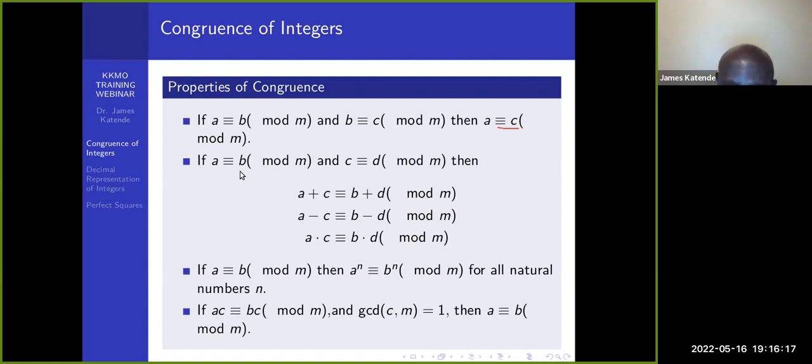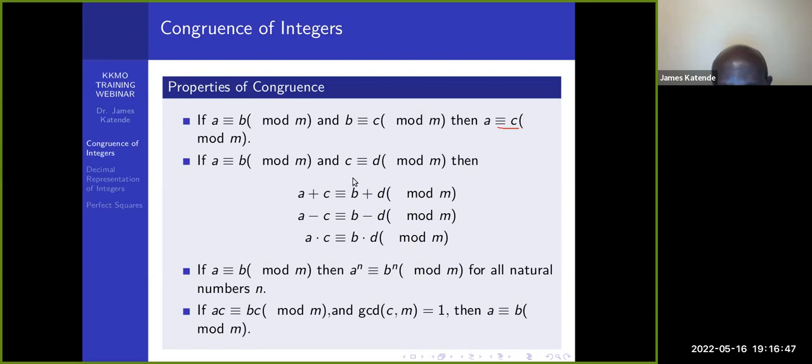The next property says the following. If we have these two congruences, A is congruent to B modulo M, and C is congruent to D modulo M, then you can always add the same sides of the congruences. So I can add A plus C and still end up with a correct statement that A plus C is congruent to B plus D modulo M. I can also subtract the same sides of the congruences.